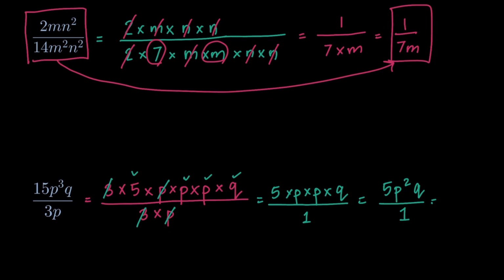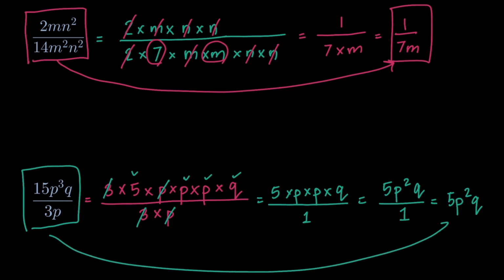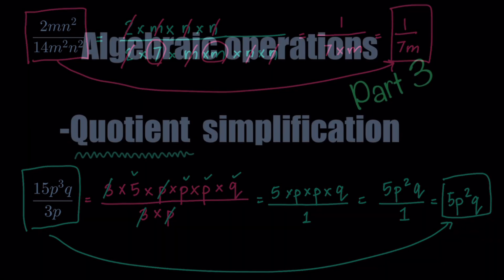But generally, in math, if we have a denominator of 1, we can just omit writing it. So it would be 5p squared q. So 15p cubed q over 3p is simplified to 5p squared q.